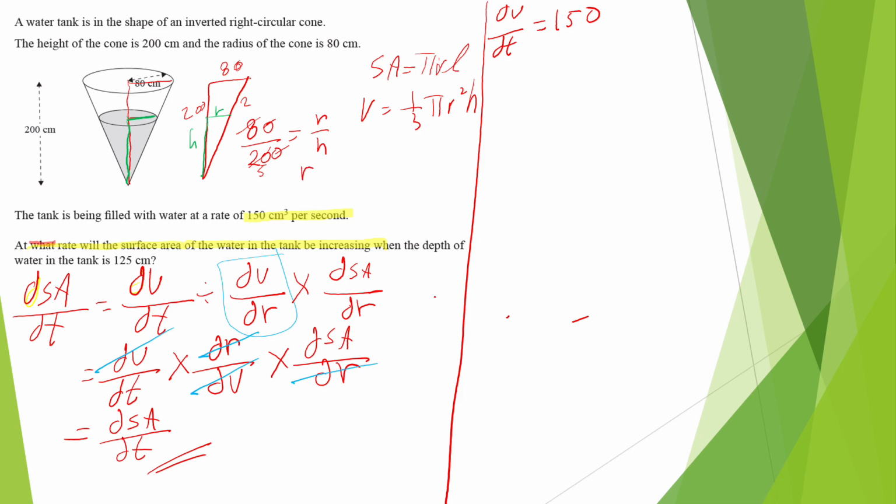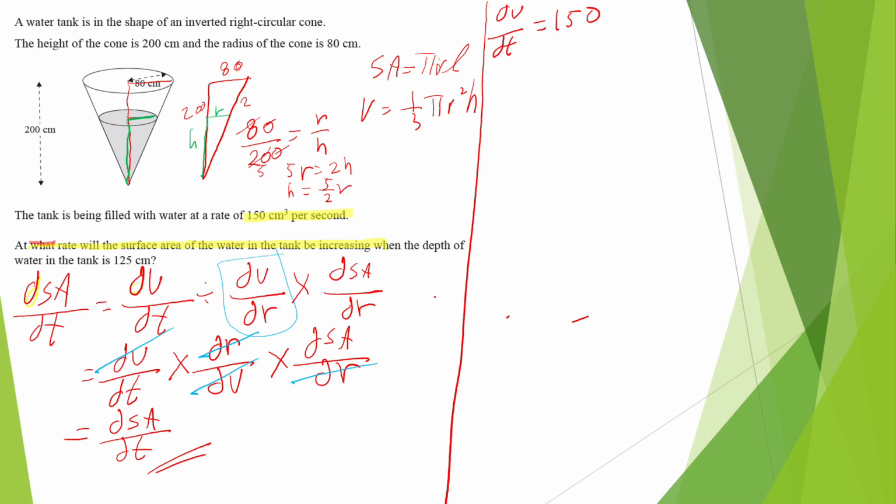So 5R equal to 2H. Remember, we want to replace the H with R. So therefore, I'm going to do H is equal to 5 over 2 R.